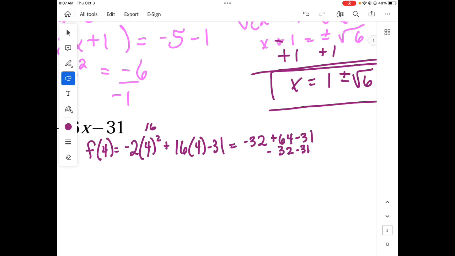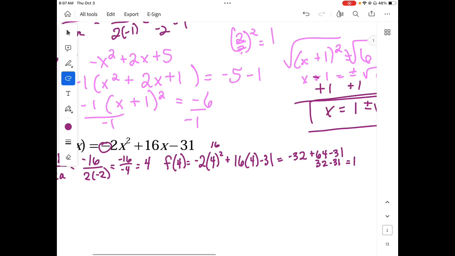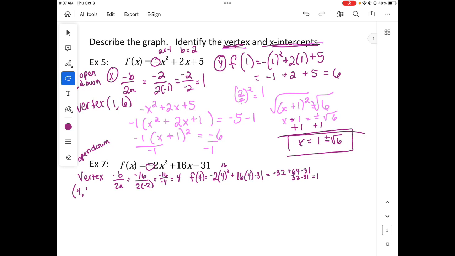No, that'd be positive, sorry. Which would be positive 1. Okay, so that's a positive 1. So now we are going to write that down. So 4 comma 1. Let's just double check that real quick.